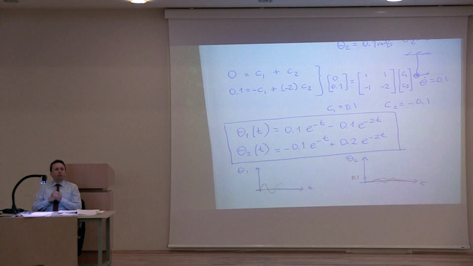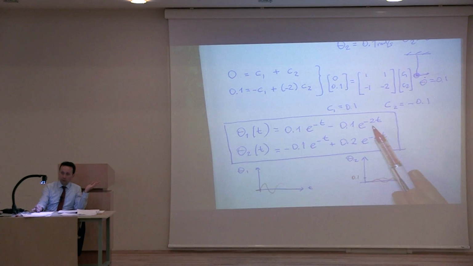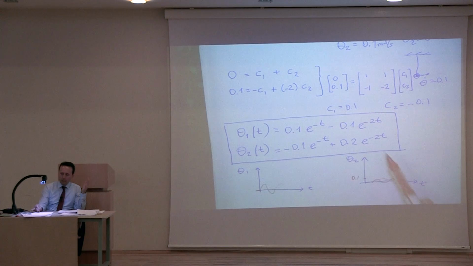Question number 1. Will theta 1 or theta 2 grow to infinity? No. It will not grow to infinity, because as t goes to infinity, this will go to 0, and this one will go to 0.